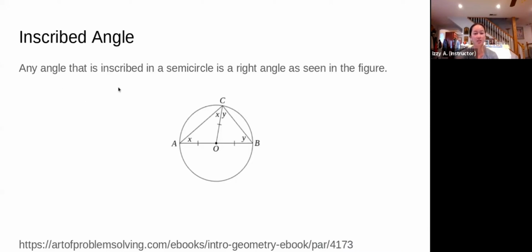So any angle that is inscribed in a semicircle is a right angle. If the angle only covers half of the circle, which is a semicircle, then it is going to be a right angle. So angle ACB is a right angle because it only covers half of the circle.